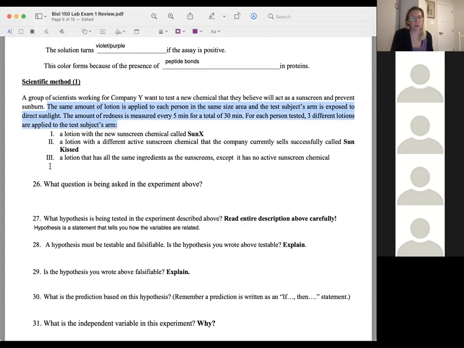And these are the 3 types of lotion: a lotion with a new sunscreen chemical, a lotion with an already available sunscreen chemical, and then a lotion that has all the same ingredients except for the active sunscreen chemical.